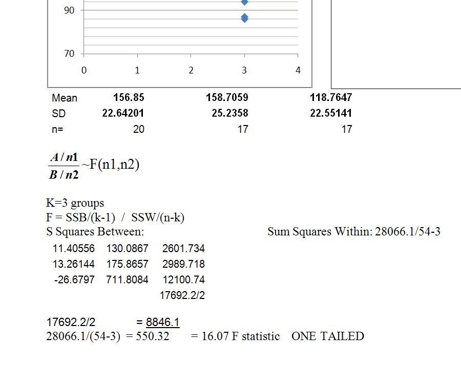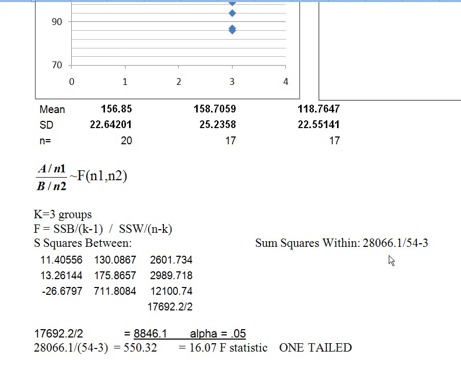So this F critical, let's suppose we use an alpha of 0.05. We're going to put the whole alpha in one tail here. And before we go, we need to make a note of these degrees of freedom. So it's going to be 2 in the numerator and 51 in the denominator, because those are the numbers that we divided the numerator and the denominator by to get our statistic here.